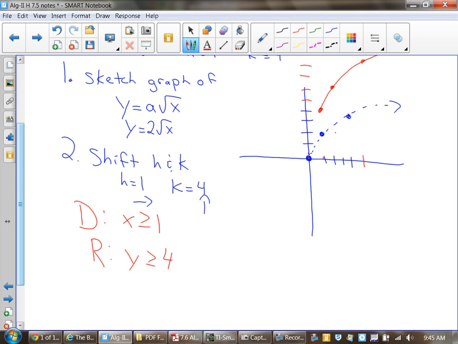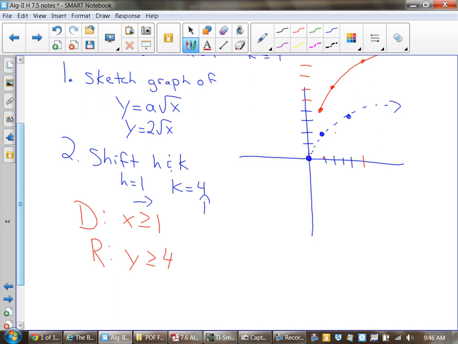I can't substitute in 0 into this shifted h and k equation because it's going to ask me to take a square root of a negative. That's bad. We're talking about all real solutions here, all these real graphs. All right? Again, as we go through these things, you should notice that it really isn't horrible. It's just a matter of plotting your a value with whatever the root is and going from there.